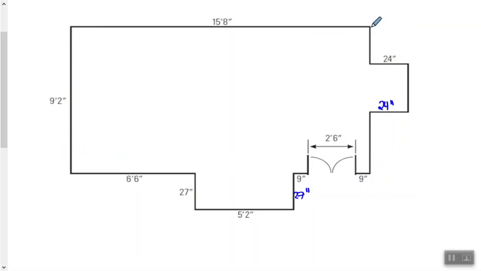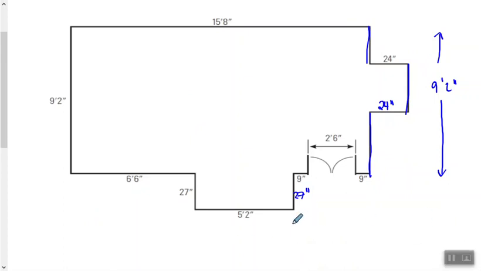So if I take a look, this line plus this line plus this line is going to be the same length as this 9 feet 2 inches. So that's those. And let's take a look. It looks like we have all of our walls lengths labeled. So we can start adding up.